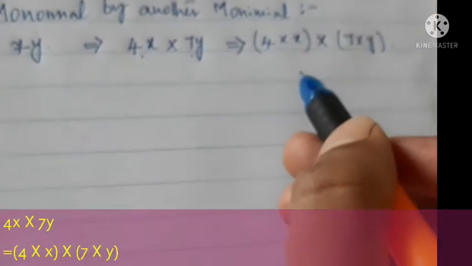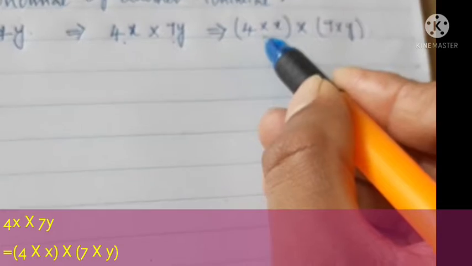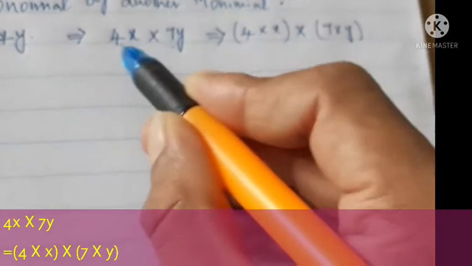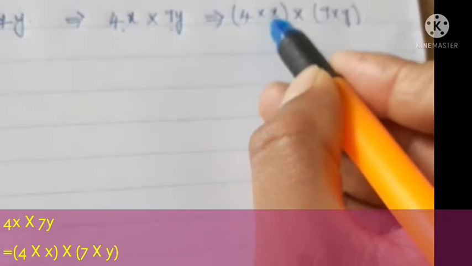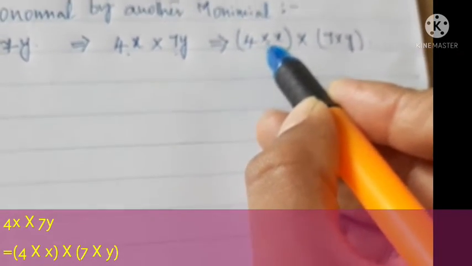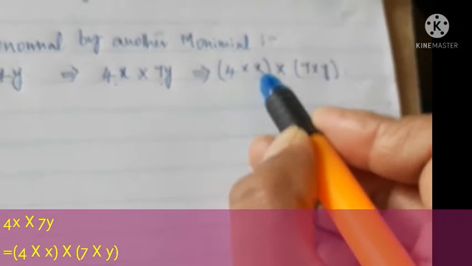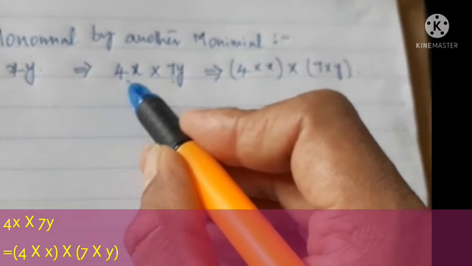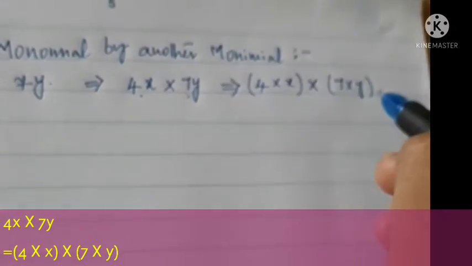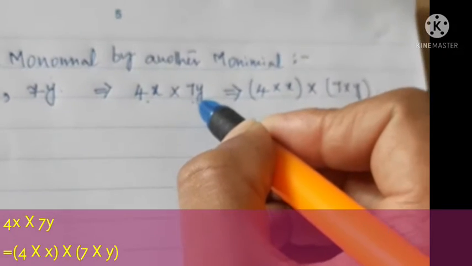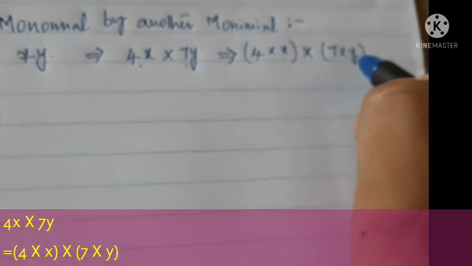What have I done? I have written 4x as 4 times x because this is a term. A term is nothing but a product of its factors. So what are the factors of 4x? 4 and x are the two factors of this monomial 4x. And 7 and y are the two factors of this monomial 7y. So I have written it like this.